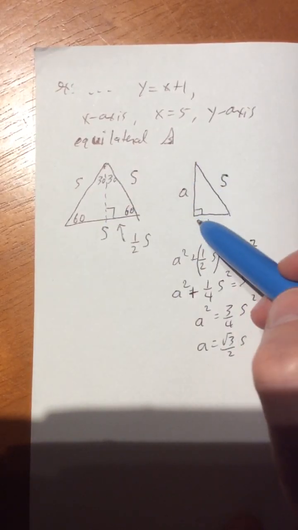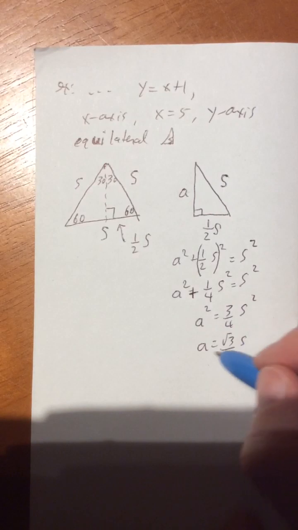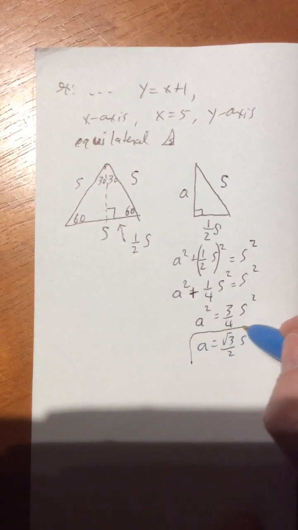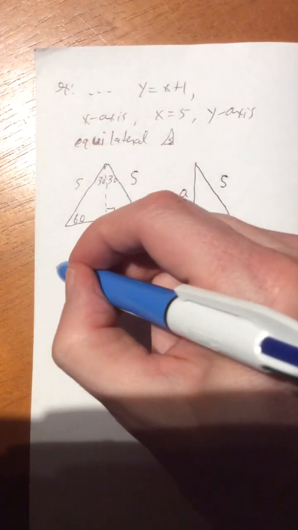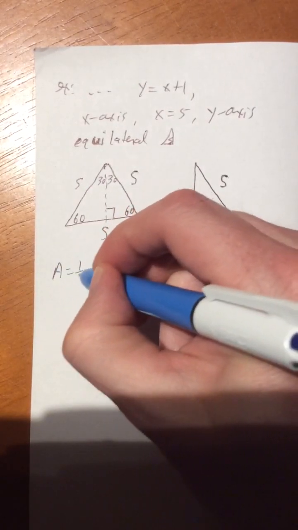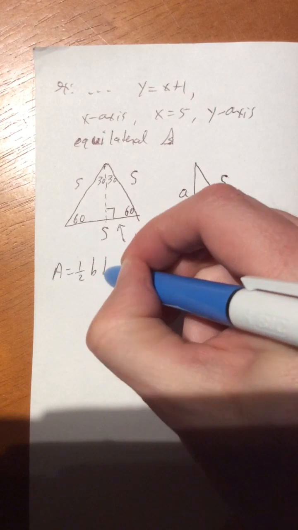It's also the altitude of this triangle. And so now that we know the altitude, which is also known as the height of the triangle, we know that the area of a triangle, area equals 1/2 base times height.